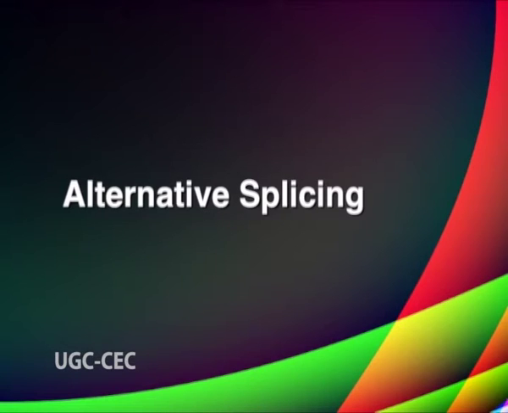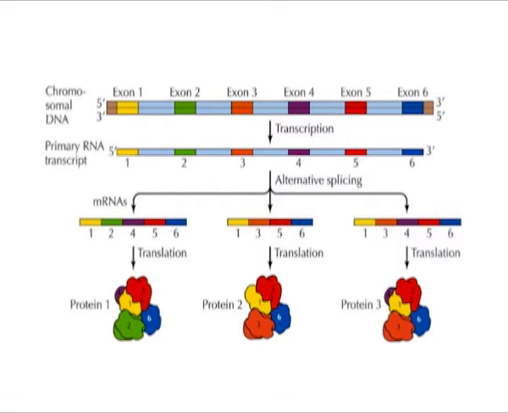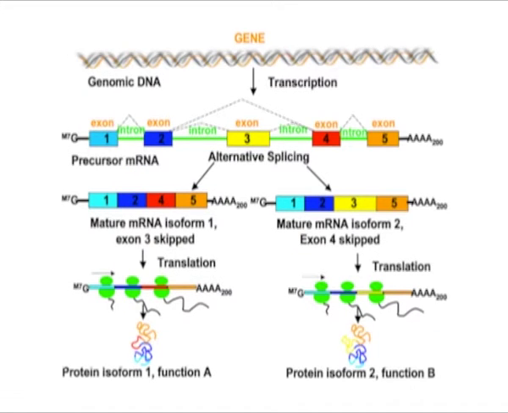Now, alternative splicing. In many cases, the splicing process can create a range of unique proteins by varying the exon composition of the same mRNA. This phenomenon is called alternative splicing, which can occur in many ways.